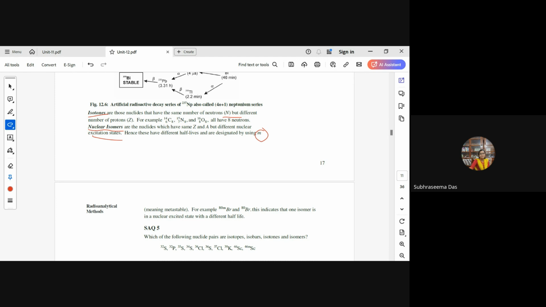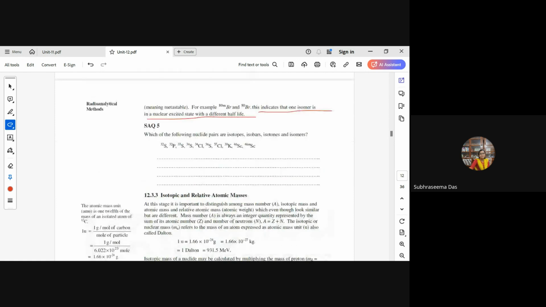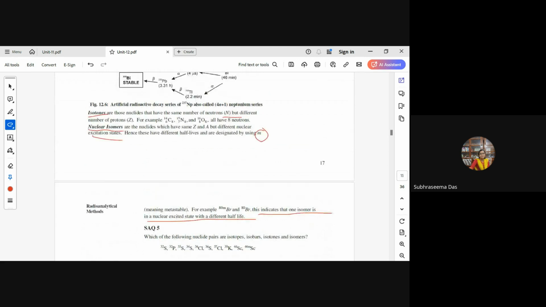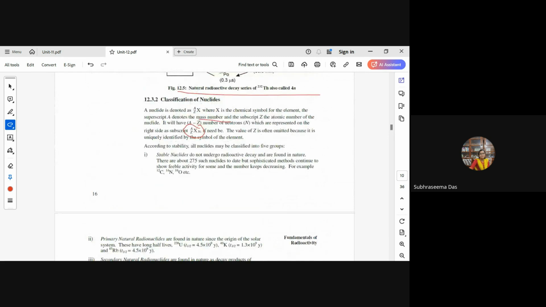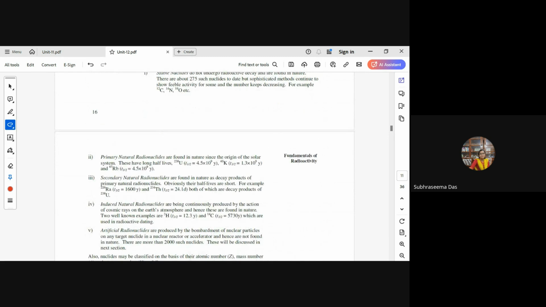For example, bromine 80m and bromine 80 indicate that one is an isomer in a nuclear excited state with a different half-life. So this is all about the classification of the various types of nuclides we come across in radioactivity. With this, we finish today's class.